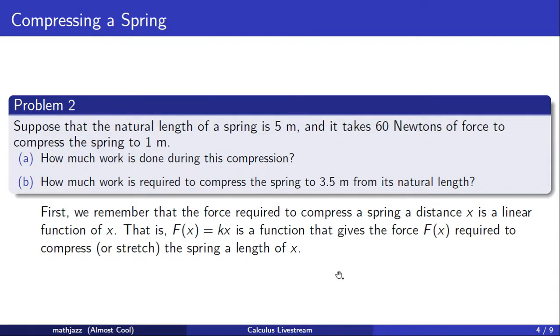So, first, we remember that the force required to compress a spring is a linear function of the amount the spring was compressed. So the force is always going to be some constant k times the distance of compression x. And this k is called the spring constant, surprisingly enough.